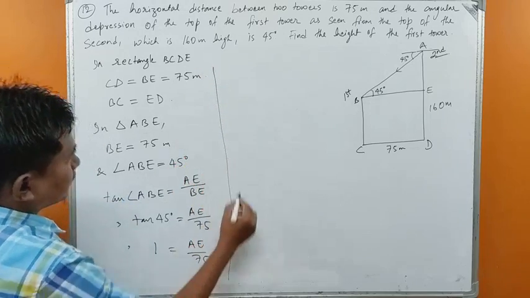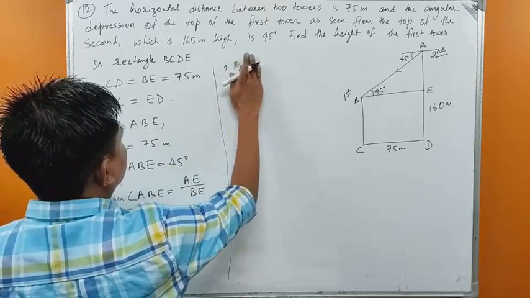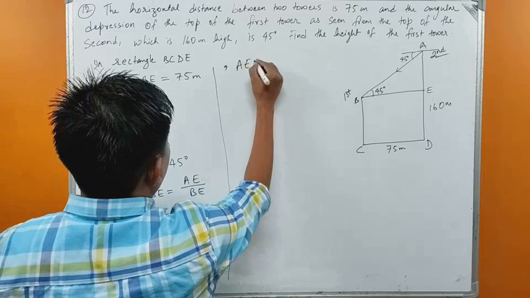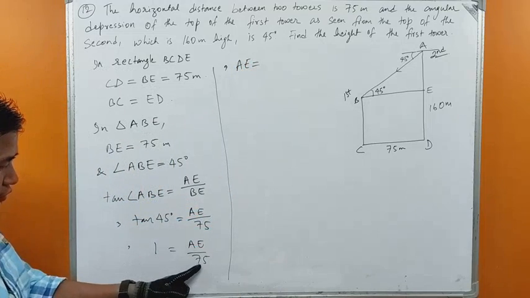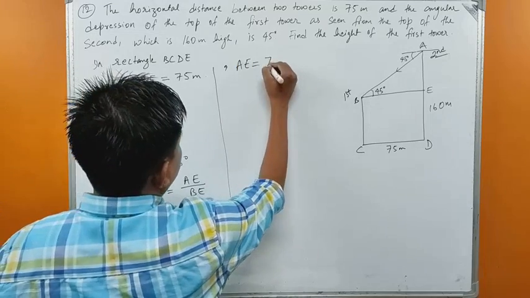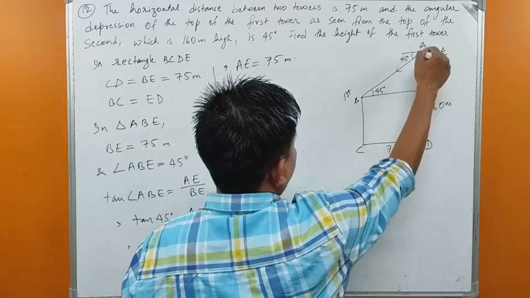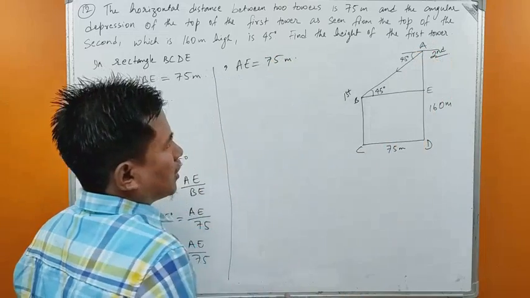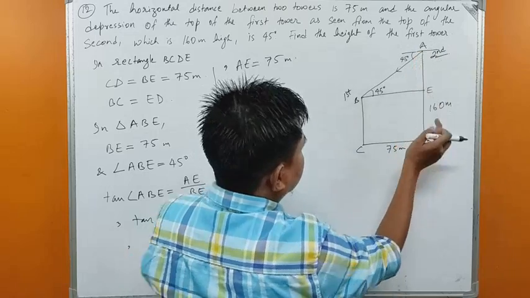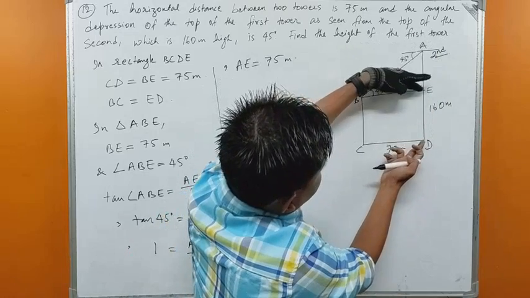Or AE equals 75 into 1, by cross multiplication, so 75 meters. We found AE equals 75 meters. Now, if we subtract AE from AD, we get ED.